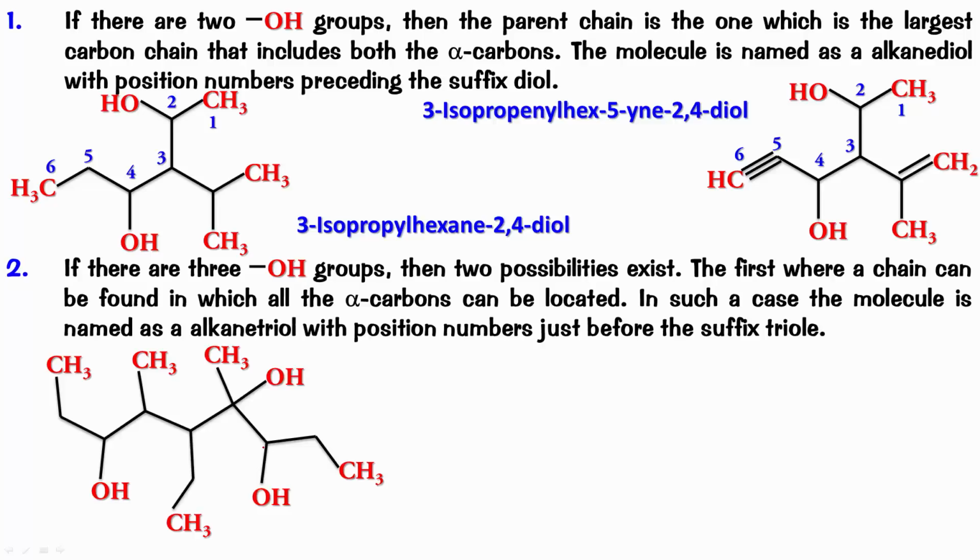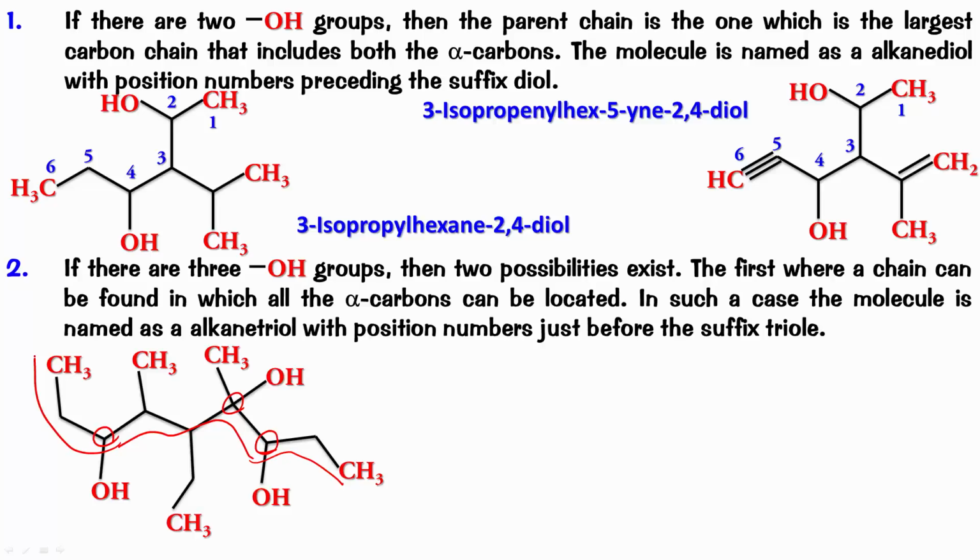Now look at the alpha carbons first. Alpha carbon is here, alpha carbon is here, alpha carbon is here, and you'll notice all of them are in one single chain. So extend this both left and right to get the maximum number of carbon atoms because all of them are saturated. So this becomes the parent.